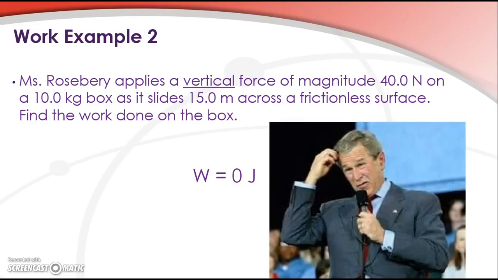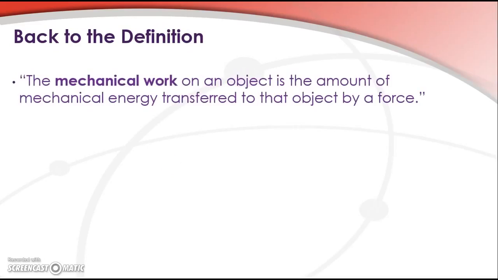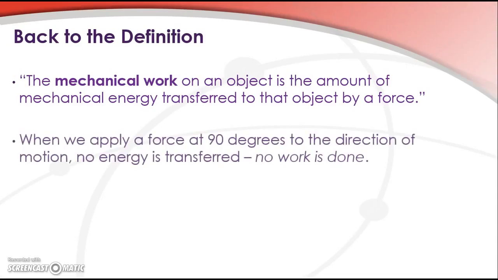And this might seem kind of confusing at first, but we can rationalize why this is the case. If we go back to our definition of work, the mechanical work on an object is the amount of mechanical energy transferred to that object by a force. When we apply the force at 90 degrees to the direction of motion, no energy is transferred.